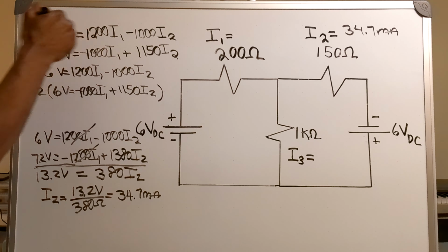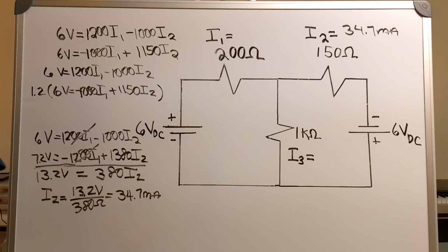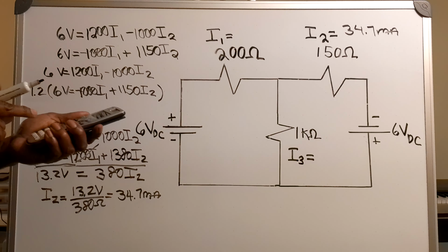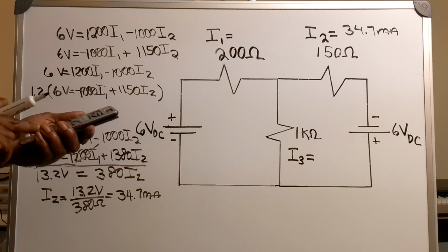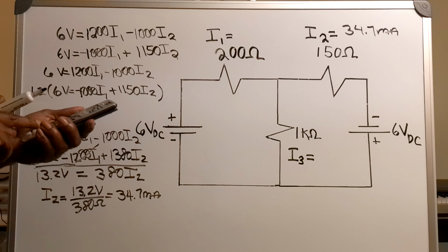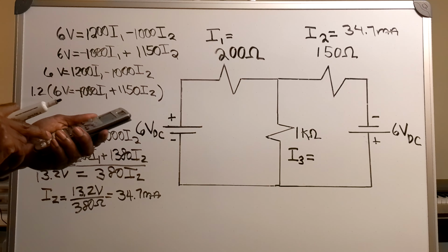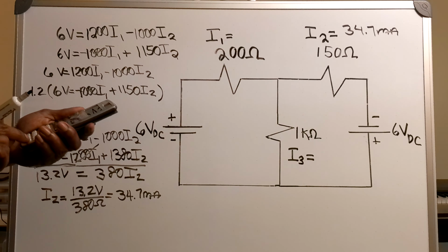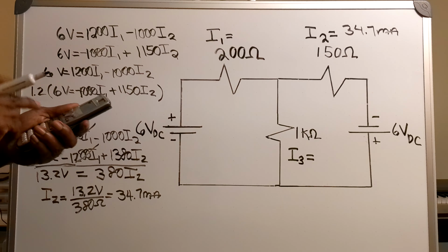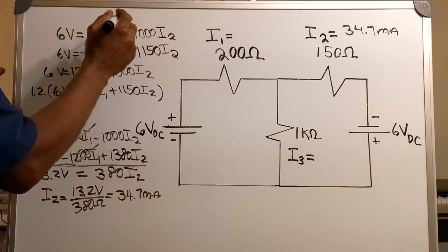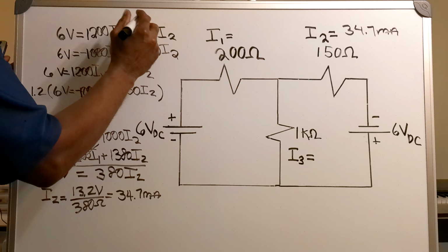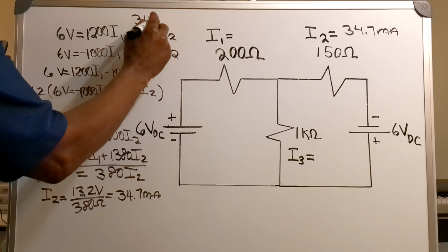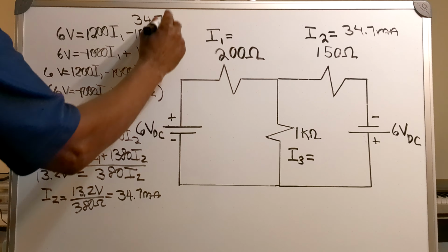Then I'm gonna rearrange the equation. 1,000 times 34.7 milliamps gives me 34.7 volts.